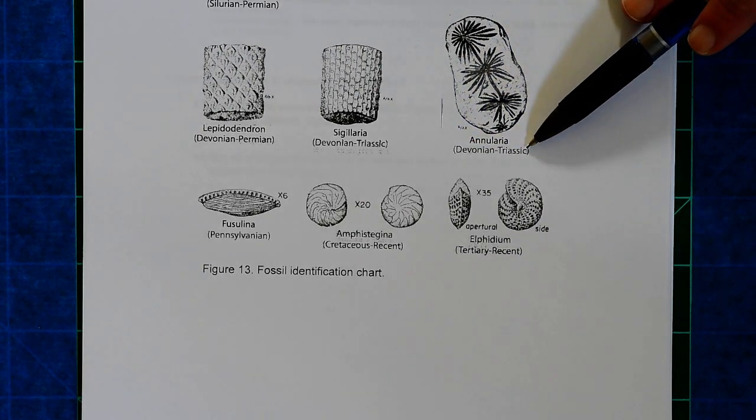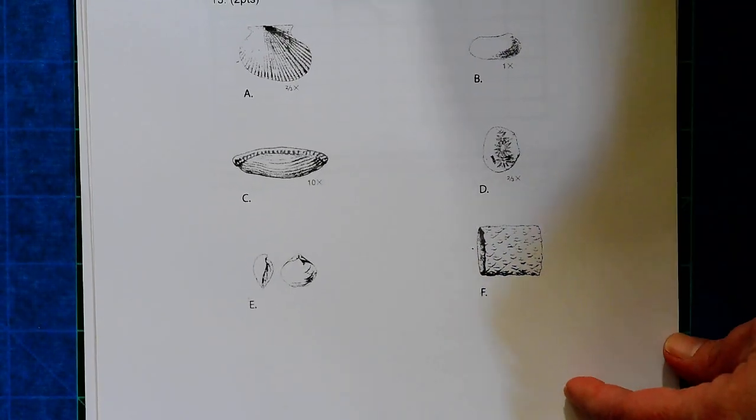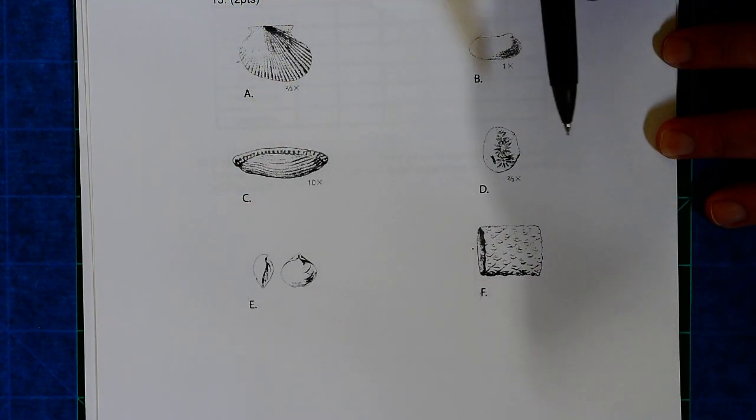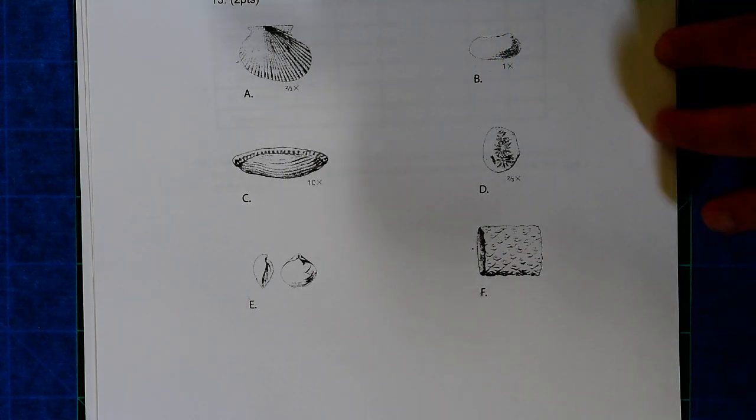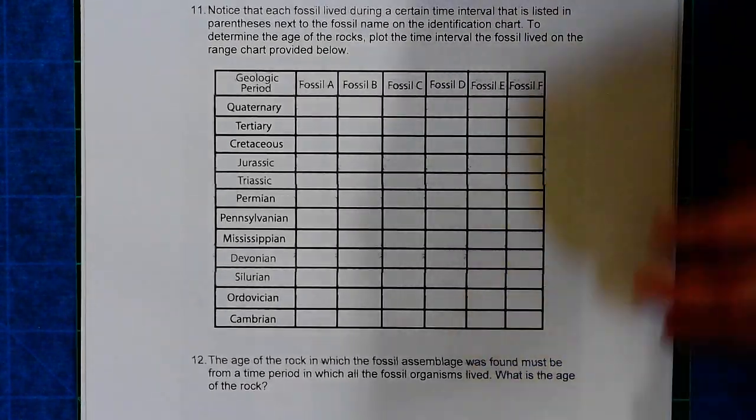So that's when that particular species was alive. So on this part of your lab, you're going to look at each one of these fossils and identify what it is.